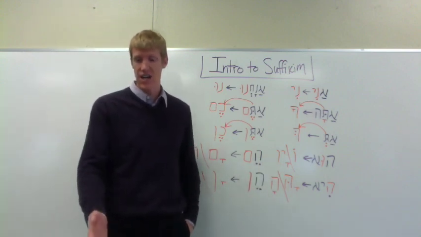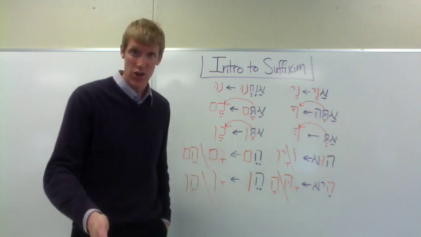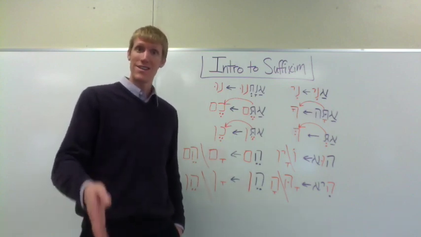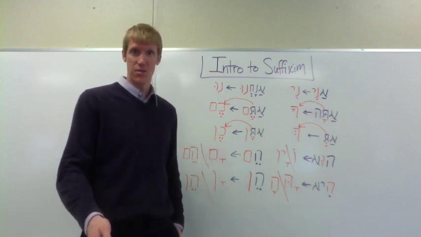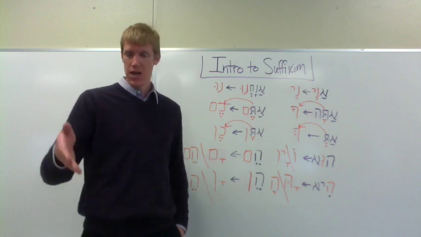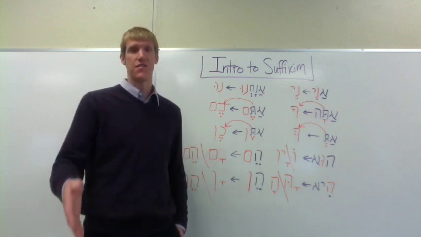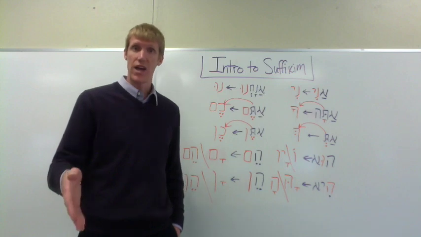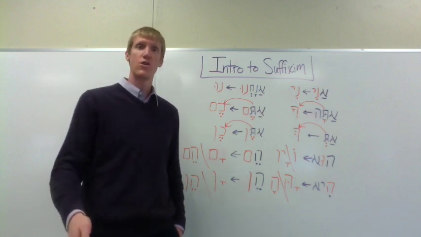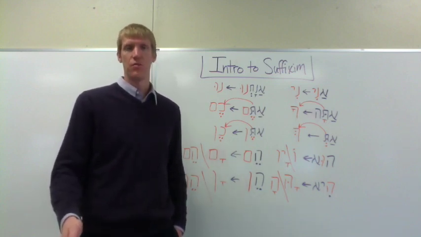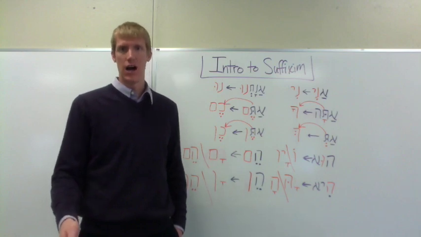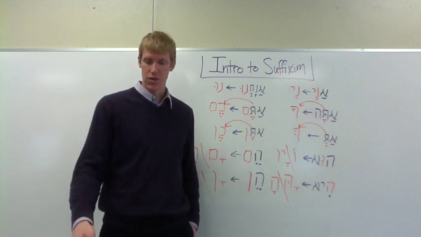On the left-hand side is a suffix attached to a singular noun or to an inseparable preposition, beit or lamed. And then on the other side is a suffix on the right attached to a plural noun or to most of the separable prepositions like el and al, which are two common ones.